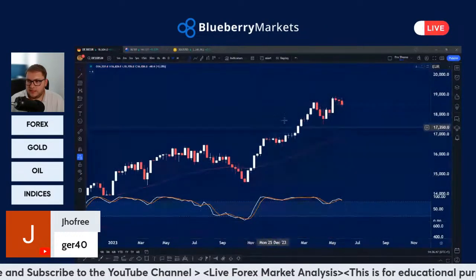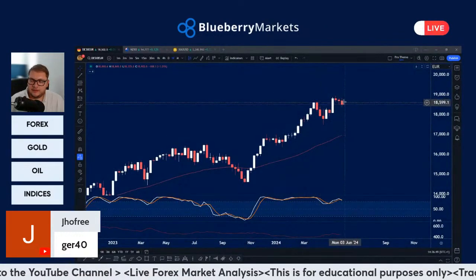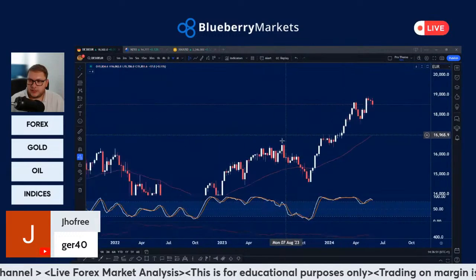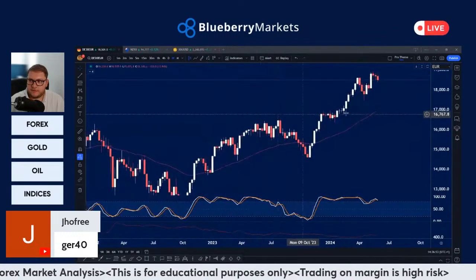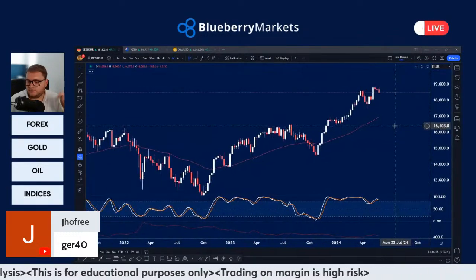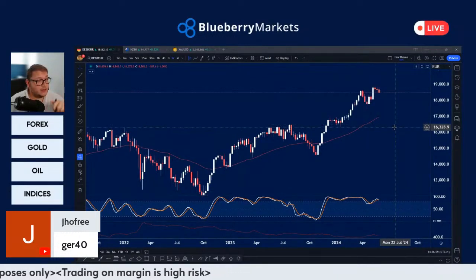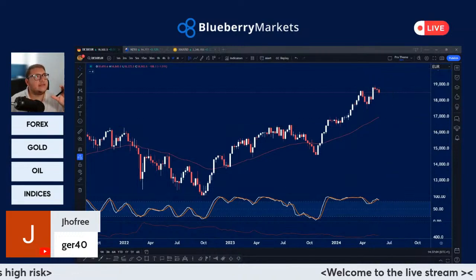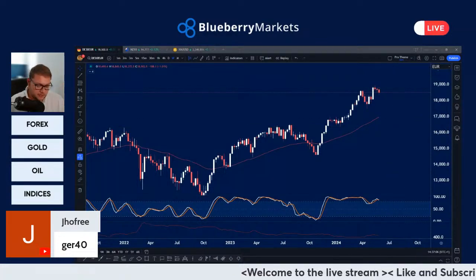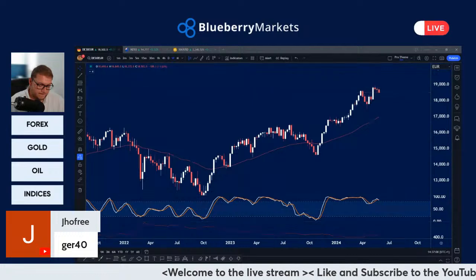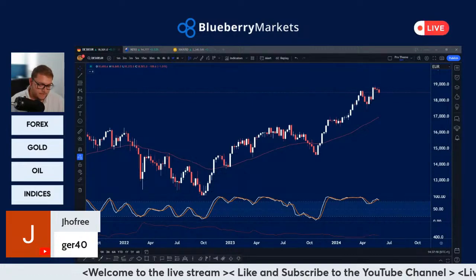So weekly pushing higher. Nothing really too much here. Obviously, the DAX is going to benefit from the fact that the ECB are really likely to cut rates next week. Is it an 80% chance of ECB cutting next week? Let's have a look.